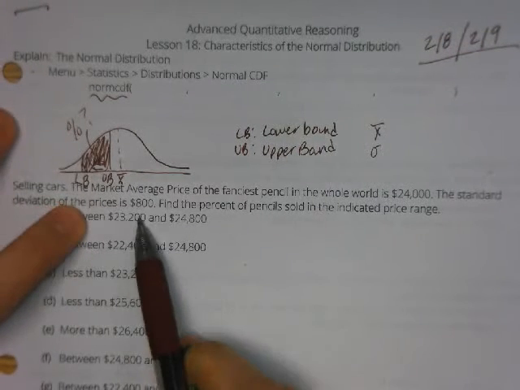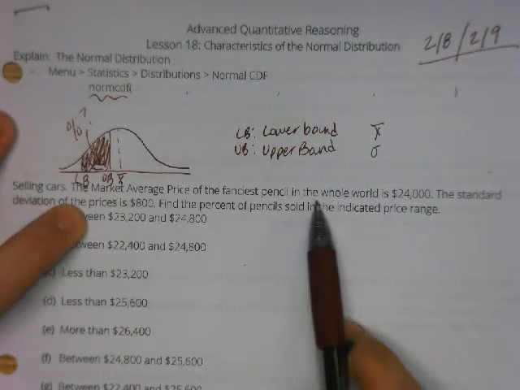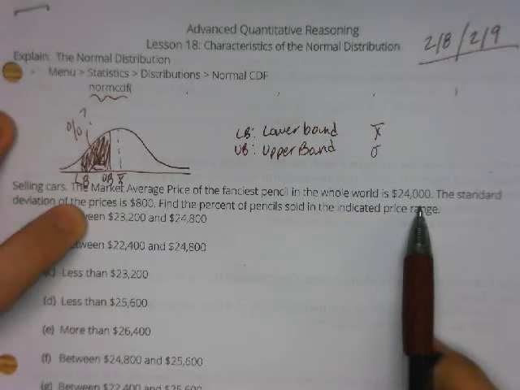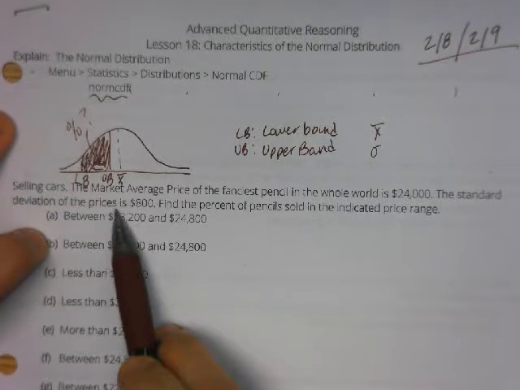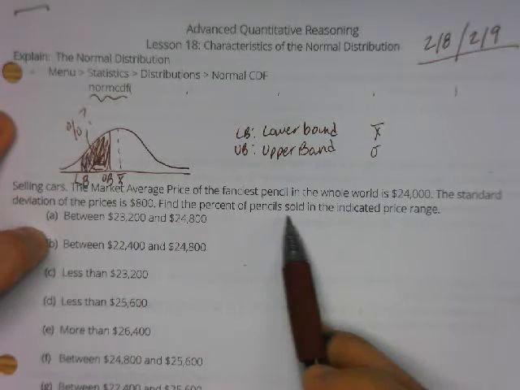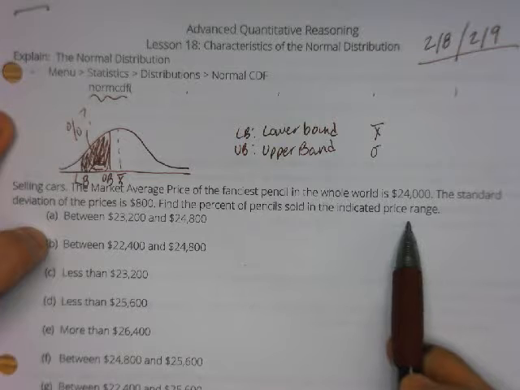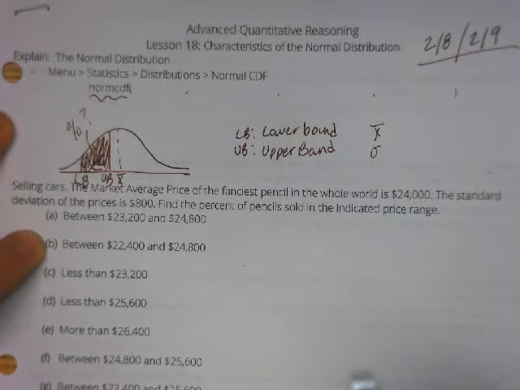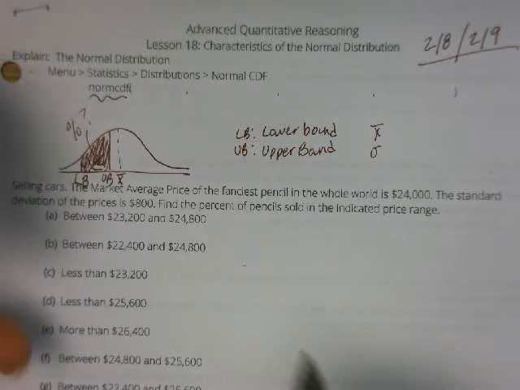So right here, the market average price of the fanciest pencil in the whole world is $24,000. The standard deviation is $800. Find the percent of pencils sold in the indicated price range. So I'm going to go through one at a time and identify lower bound, upper bound, mean, and standard deviation.